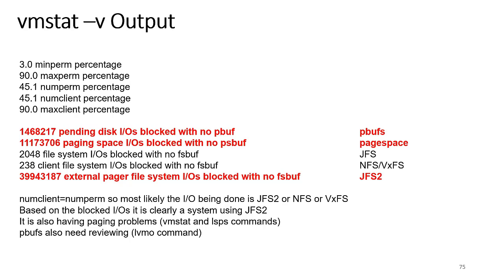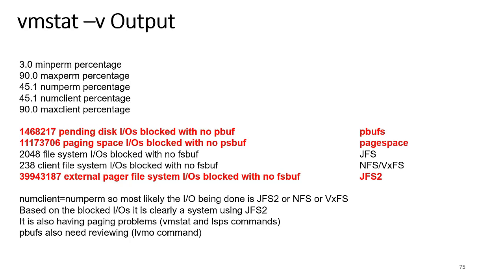I have no idea why they called it that. What we're seeing here is this system's in trouble. It's running out of pbufs, it's running out of page space, and it's running out of JFS2 buffers. Now, we don't know when the system got rebooted since it's since boot, but I believe it had been about 3 days. So the system had some serious problems and we needed to do some tuning.